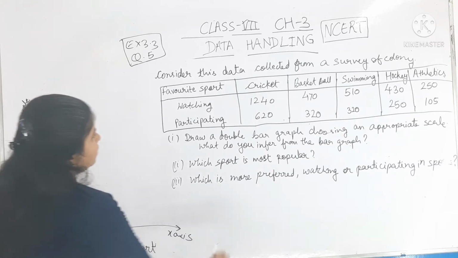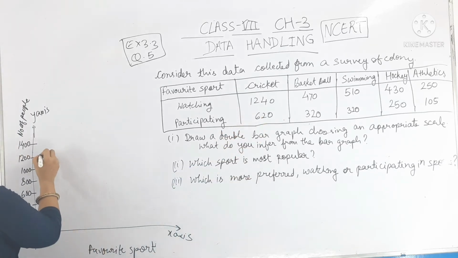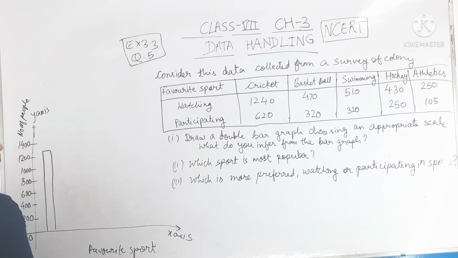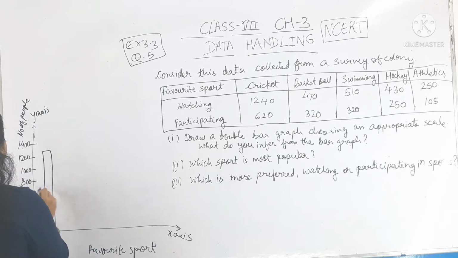You can see that for cricket it is 1240 for watching. So here we have to plot a little bit above 1200. This is 1240. Participating is 620, a little bit above 600.